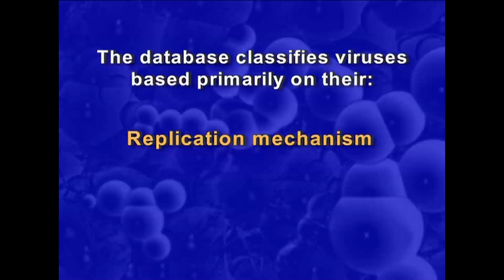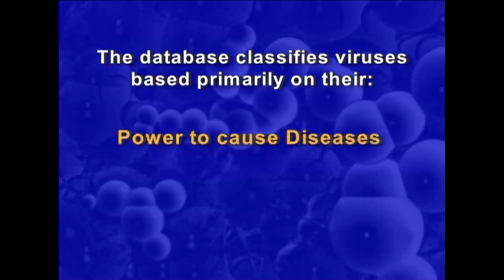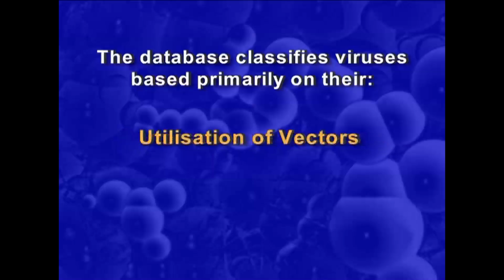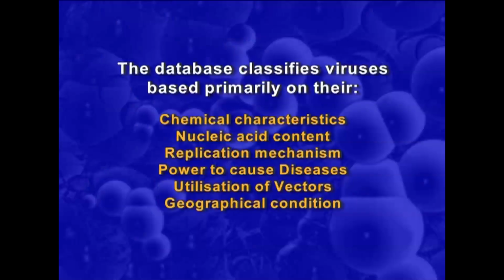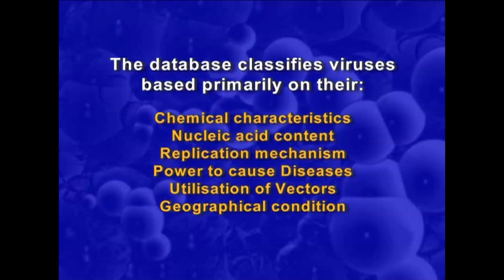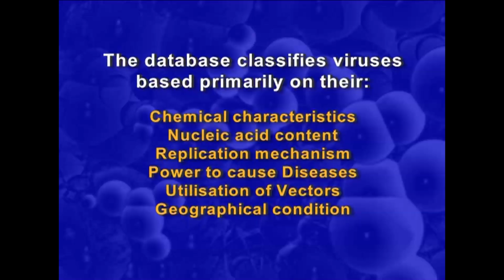The fourth point was the diseases that the viruses can cause. The fifth point was the vectors that are being utilized by the viruses for the mode of their communication. And finally, they have also taken into account the geographical conditions from where they isolated the virus. So it was a very scientific approach wherein all these 6 criteria were taken into account for the classification of viruses.